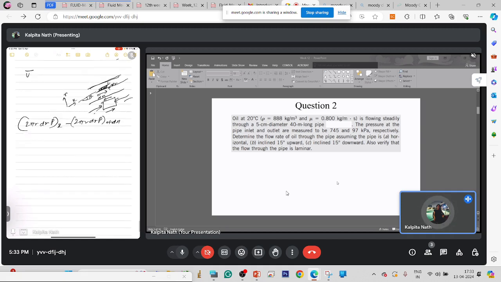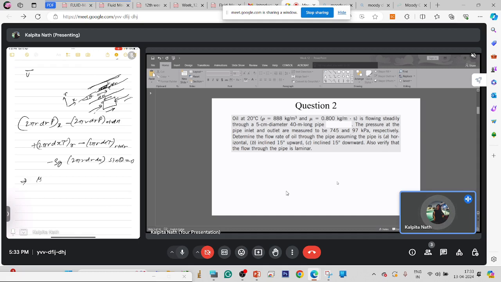So sorry, tau will also come, right? Just one second. So plus 2 pi r dx tau at r minus 2 pi r dx tau at r plus dr, minus rho g 2 pi r dr dx sine theta equals 0.